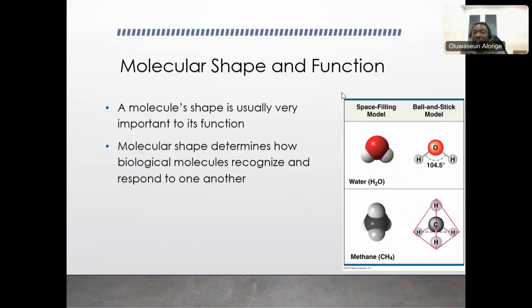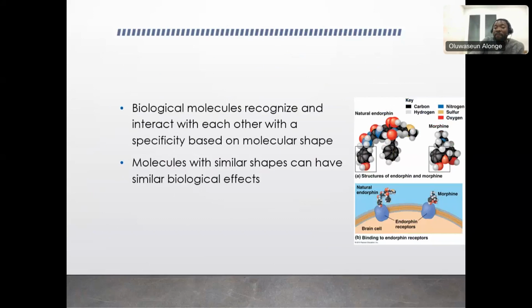Now, molecular shape and function. You have learned that structure determines function, that the structure of a thing determines the way it functions. All right. Now, like I told you, oxygen binds to hemoglobin, and hemoglobin is the protein that carries oxygen.